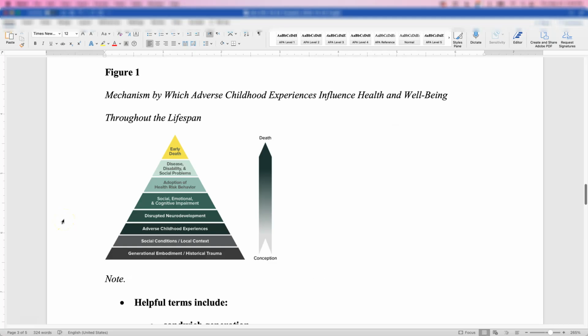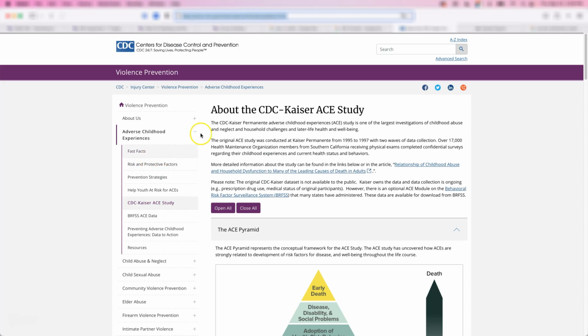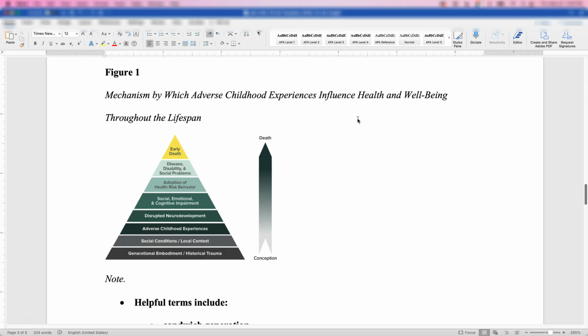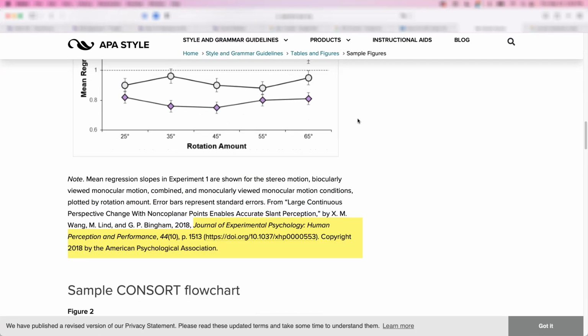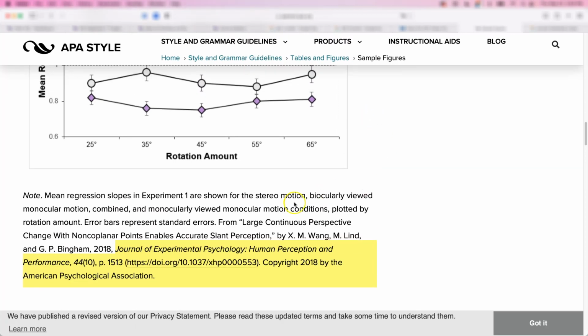So going back to this, what are we going to call this? Well, we're starting with what the web page is called. This particular web page is about the CDC Kaiser ACE study. Okay? And if you need to check, just look back here and we see, oh, okay, so the title of the piece that it's taking from is in title case here.